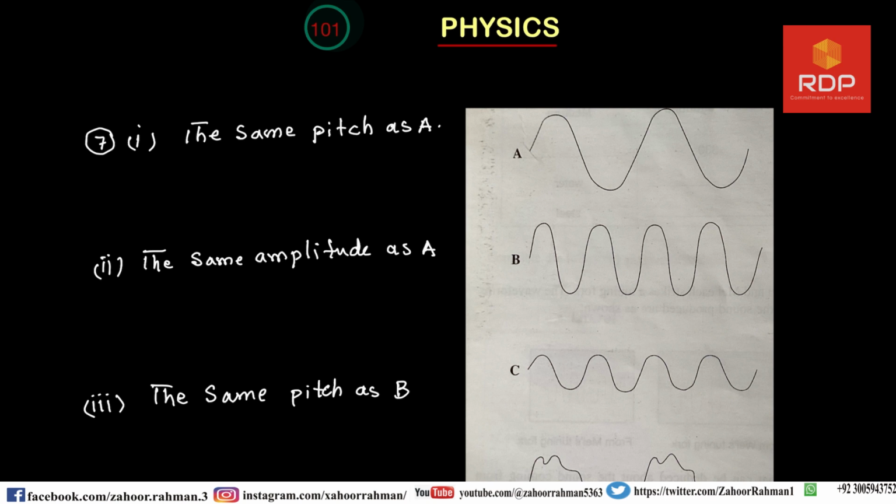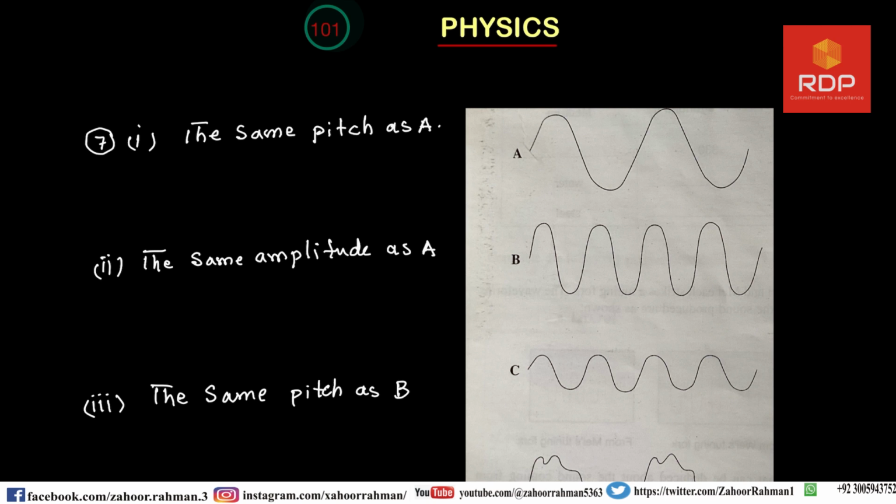The four traces below show, to the same scale, displacement against time. In each of the spaces below, write one, or if necessary more than one, of the letters A, B, C, or D, which sound or sounds have.